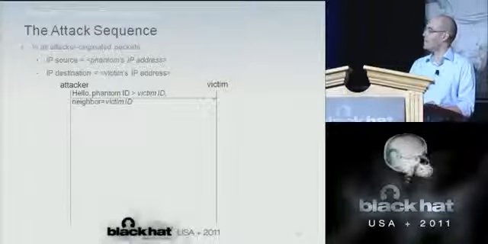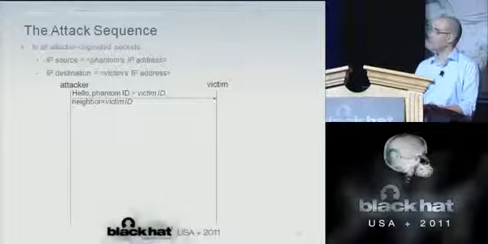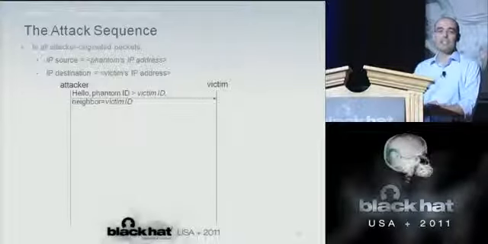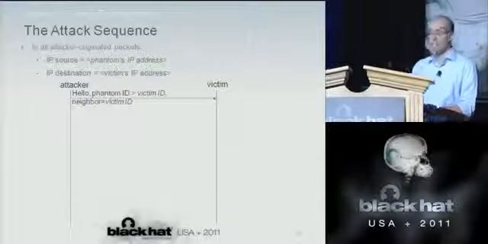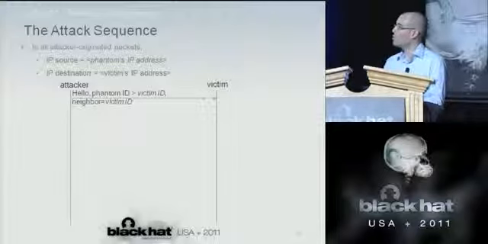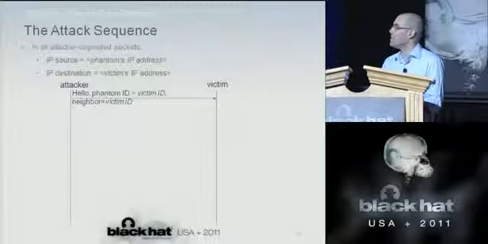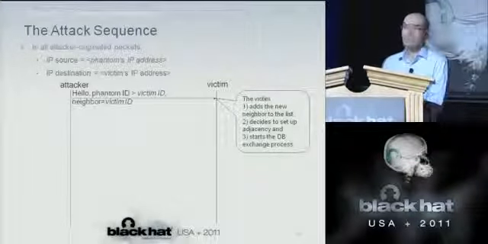And the attacker claims in this hello that he has already seen in the past a hello from the victim. This is indicated in the neighbor field. Now, the victim gets this hello and simply believes it, adds the new neighbor to the list, and decides to set up an adjacency with the attacker.